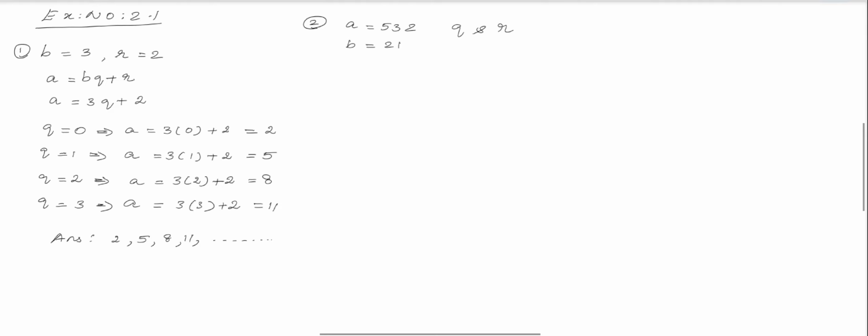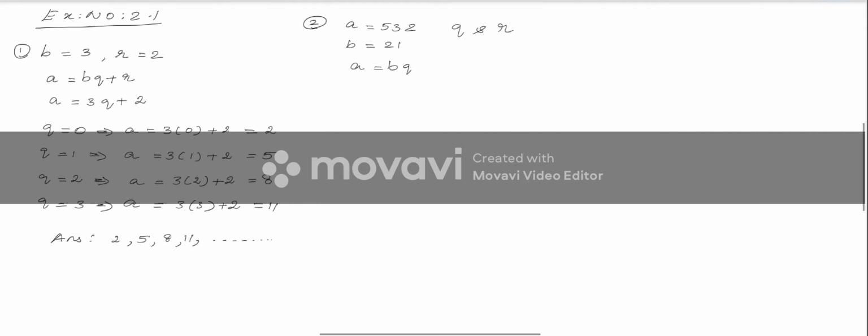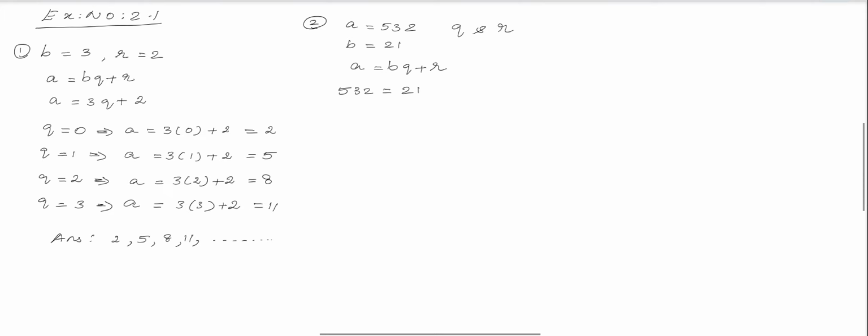Now use your lemma. What is it? A is equal to BQ plus R. And now your A is 532 is equal to 21 into Q plus R. Right? Here we are going to find this one, Q and R.